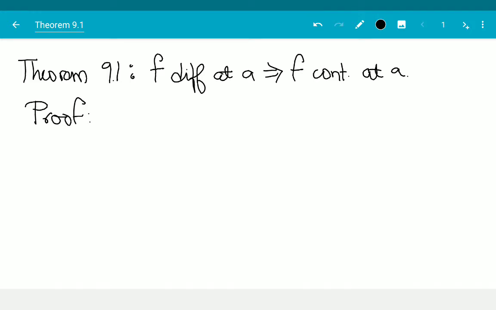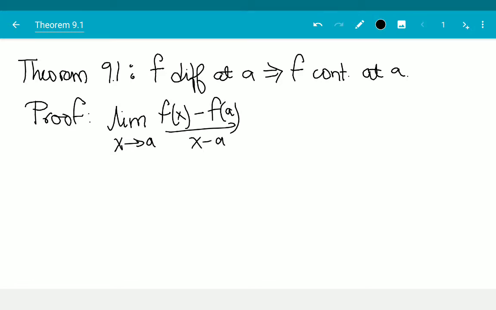If you think about what is happening, differentiable at a means the limit as x approaches a of f of x minus f of a over x minus a exists, right? We don't know what the limit is, but we could call it some letter, call it c.